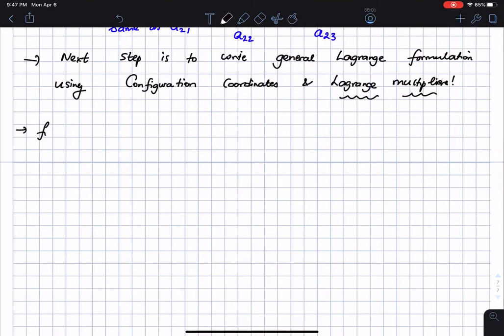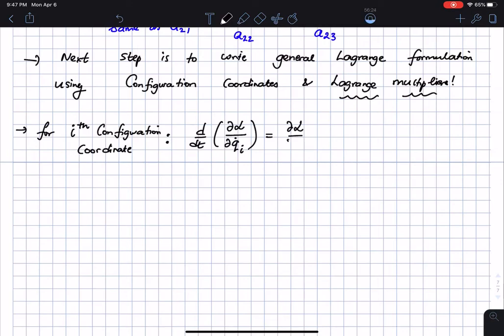For the ith configuration coordinate, here is what we have: d by dt of dL by dq_i dot is equal to dL by dq_i plus Q_i non-conservative, if we have any non-conservative forces or torques, which we do in this problem actually, plus summation j equals 1 to m, this is the constraint number, lambda_j a_ji.